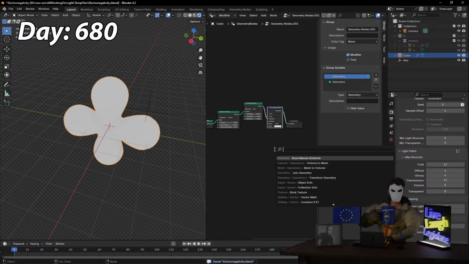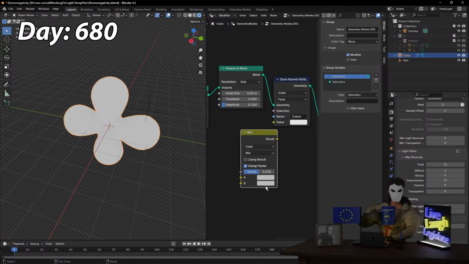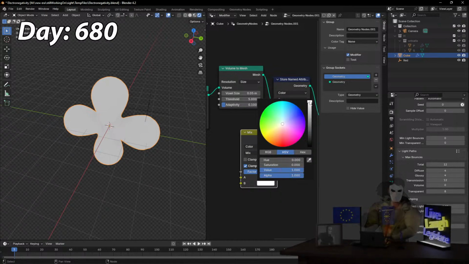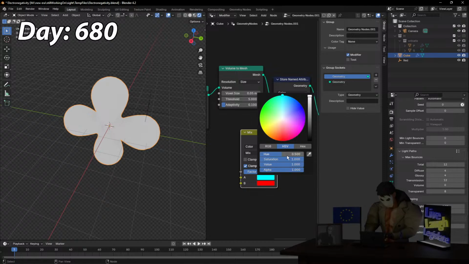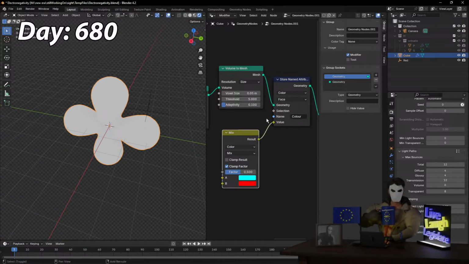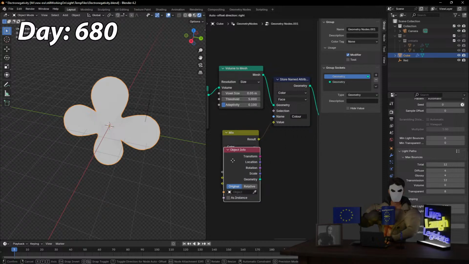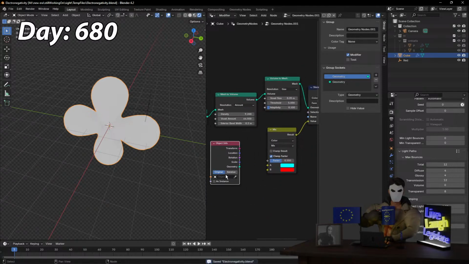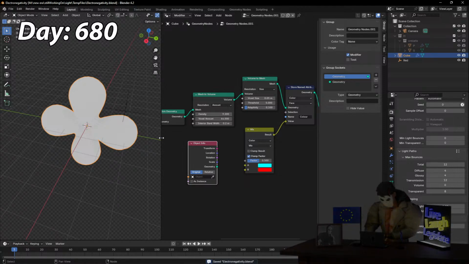Then right here we can mix color, because once again, why not? For now we're doing a simplified version, so might as well. Like so, and then object info. I'm gonna have to do it in a way so that it measures the distance to whichever. It's not gonna be easy, I can tell you that much.